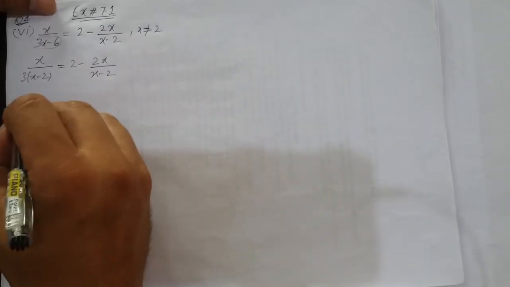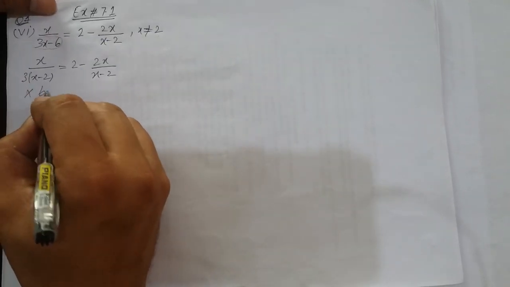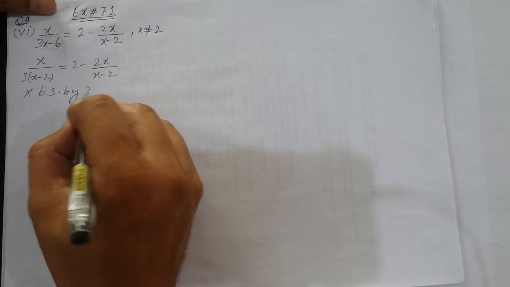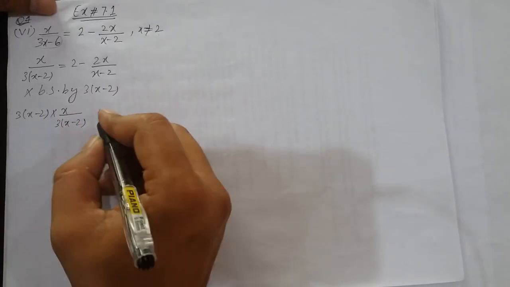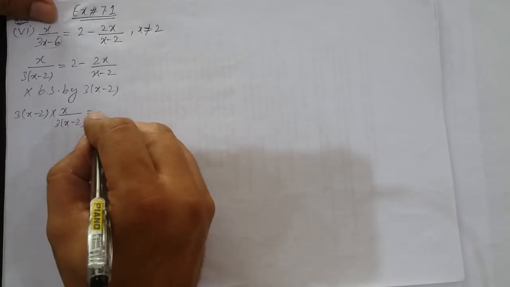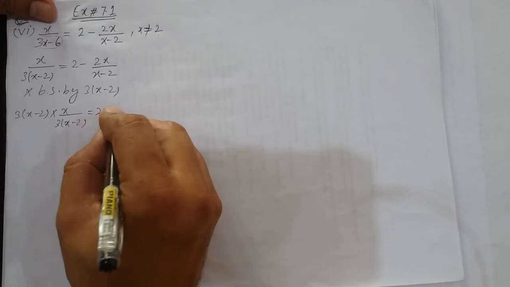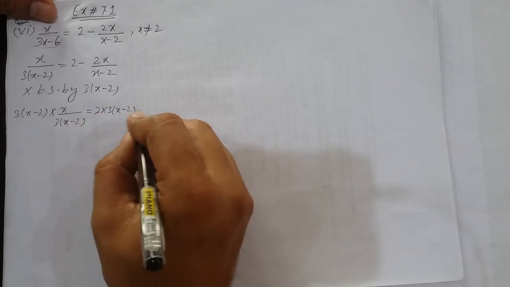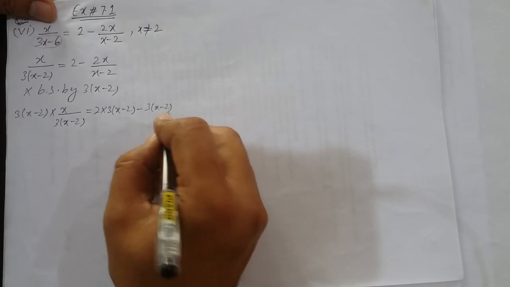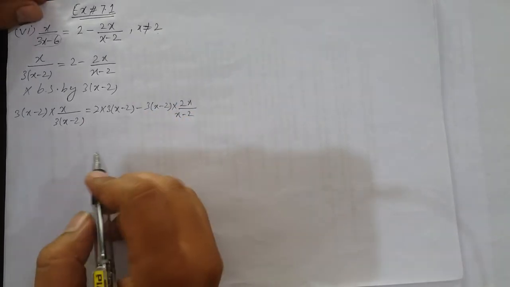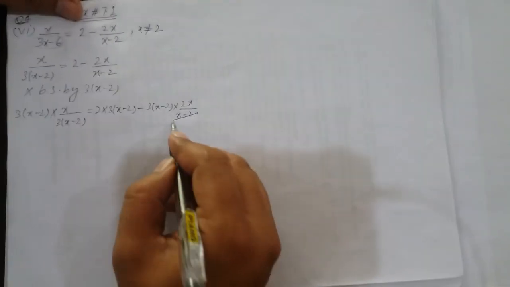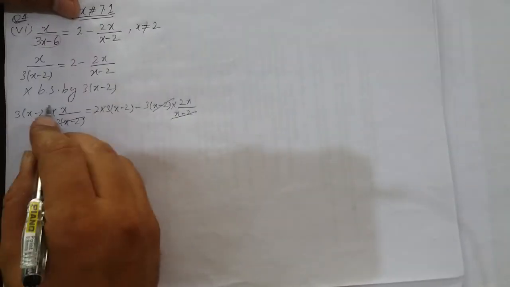So to remove the denominator, we will multiply both sides by 3 into x minus 2. So it will be 3 into x minus 2 multiplied by x over 3 into x minus 2 is equal to 2 multiplied by 3 into x minus 2 minus 3 into x minus 2 multiplied by 2x over x minus 2. So in this way denominator will be removed, these values will be cancelled.